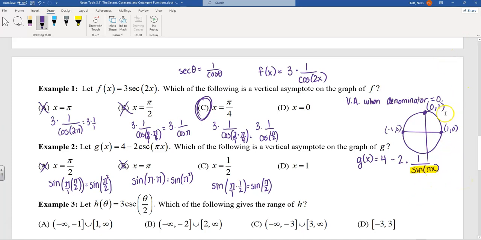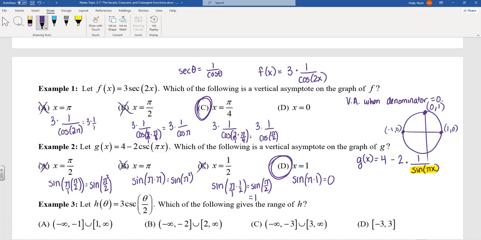Sine's y-coordinate is 1 right here. So this is 1, still not a 0 in the denominator, right? Not this one. Let's hope it's D. And if I do sine of pi times 1, well, that's just sine of pi. What is sine of pi? That is 0. So D is going to be your answer because it's going to give you a 0 in that denominator.